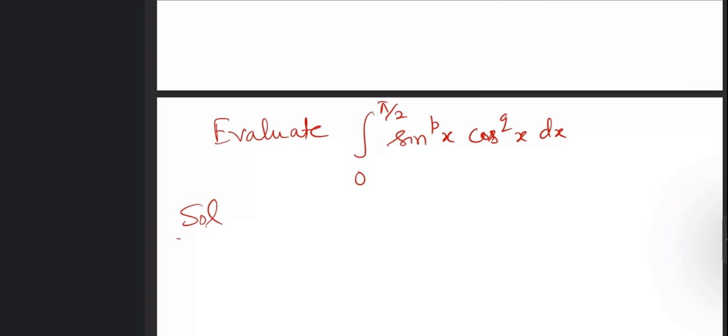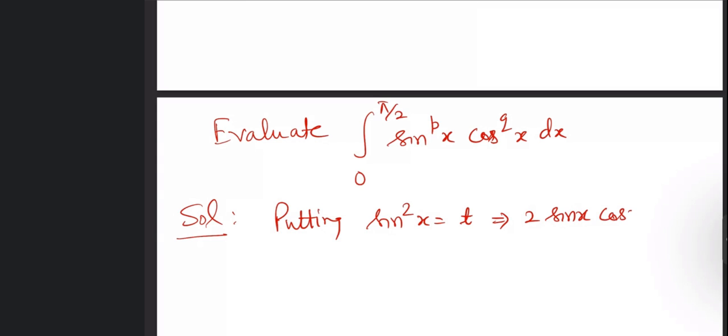Solution. For evaluating this, we put a particular value: sine square x is equal to t. This implies 2 sine x cos x dx is equal to dt.